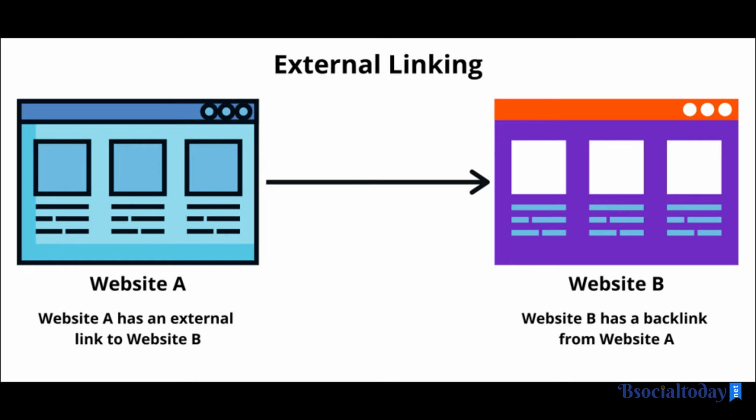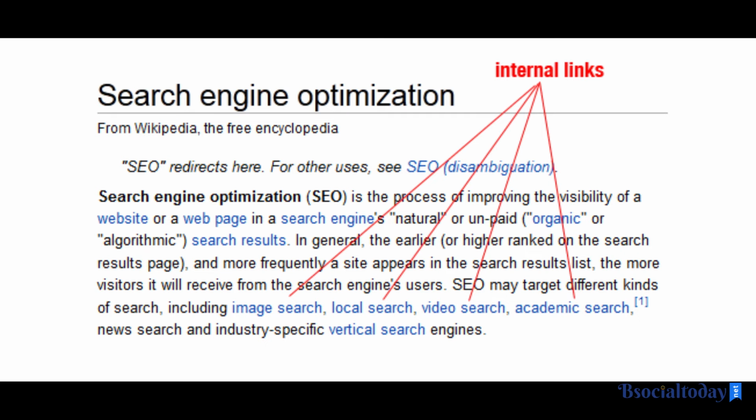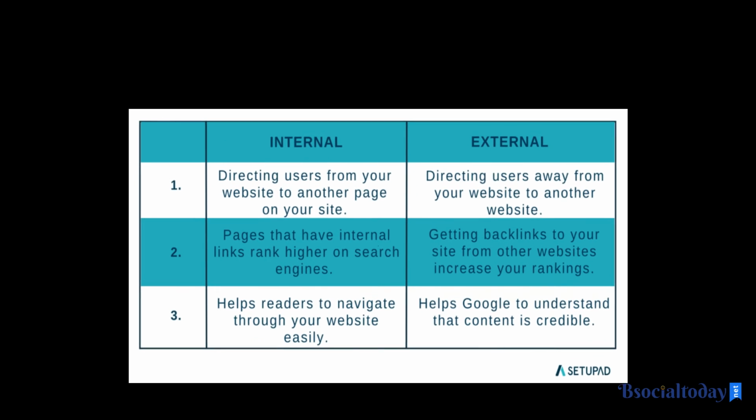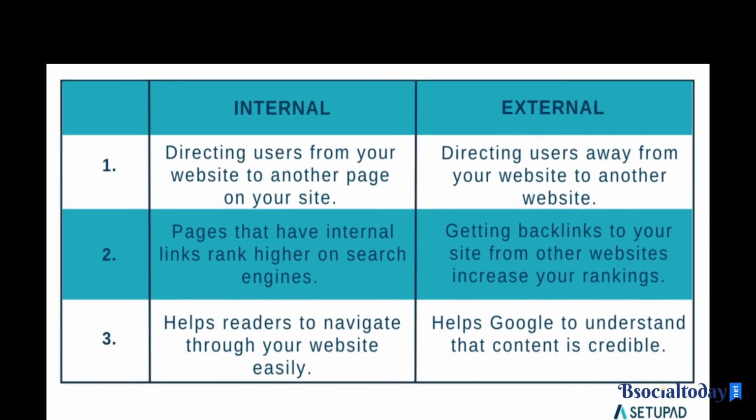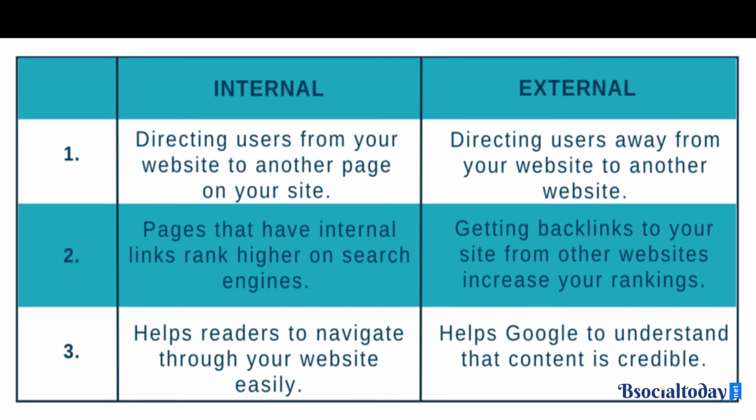So, you should try to include links to other pages that cover similar topics. A common misconception about backlinks is that the more backlinks a page has, the better. This is not always the case. For example, if a page has no backlinks at all, it may still rank well because of other factors.